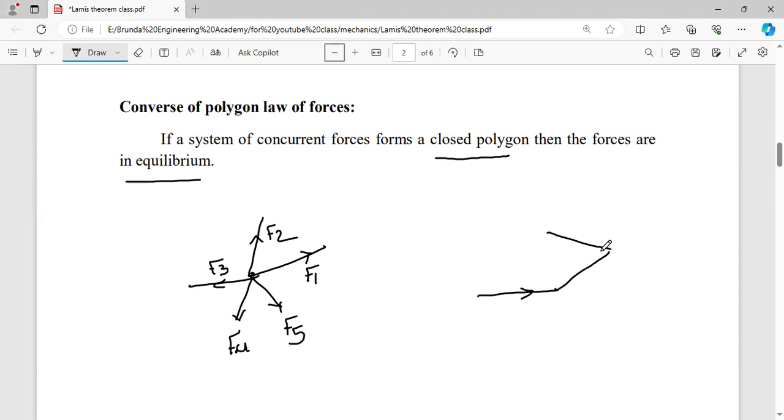It forms five forces: F1, F2, F3, F4, and F5. Okay, this is the converse of the polygon law. If a system of concurrent forces forms a closed polygon, then the forces are in equilibrium.